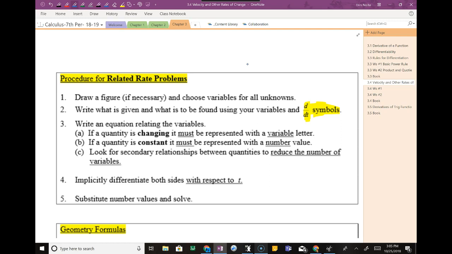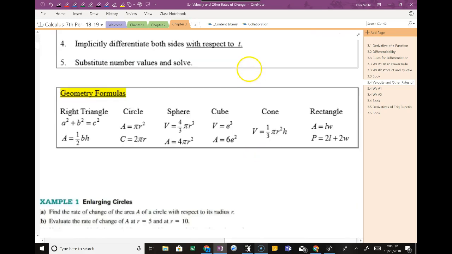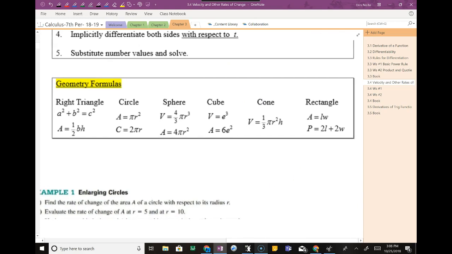If they tell us when the radius is 5, we're going to say when r equals 5. Or when they say the rate is 9, we're going to write that down. Then we're going to come up with the equation that we're trying to solve, and then we're going to derive it. Just so you know, there are a bunch of formulas that you probably know already.